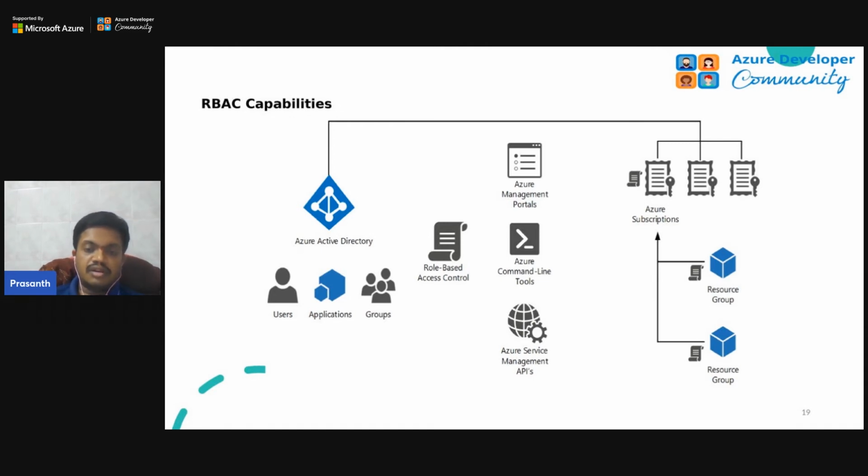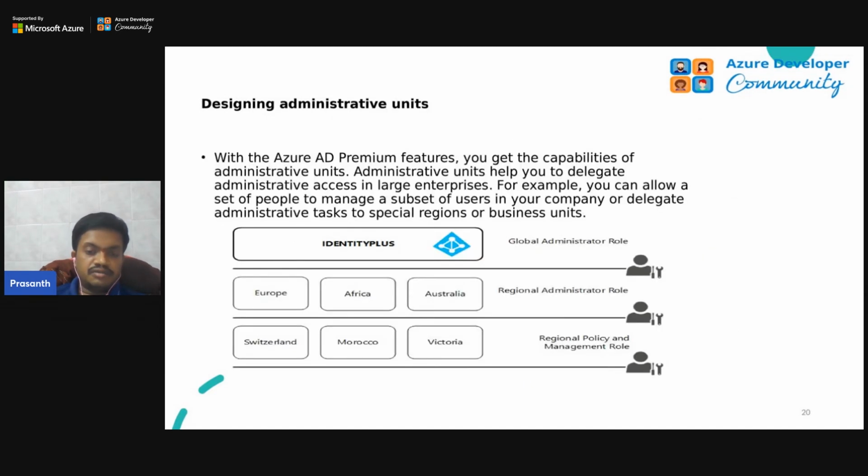In a typical large-scale implementation, we'll have very deeply nested multiple subscriptions and multiple accounts, multiple resource groups, multiple teams. So we need to do a lot of due diligence before you finalize which kind of access roles are to be given, and at what level people should have access to resources. So RBAC is the right answer for those kinds of implementations.